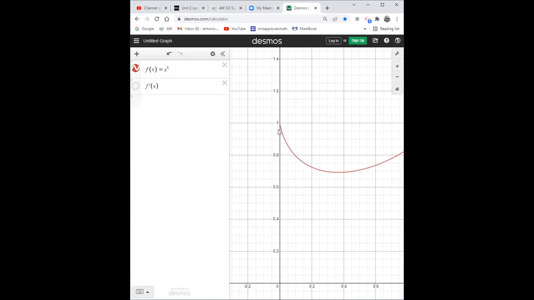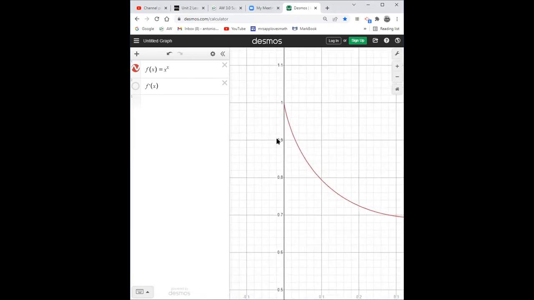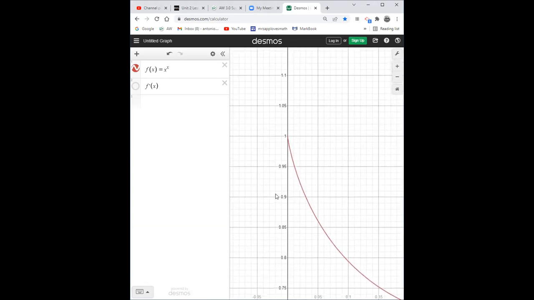But what's the question we have to ask ourselves as we're getting closer and closer to 0? Anybody have any ideas as to what might be happening? So clearly they're getting more and more negative. But if you look really, really close, do they keep getting more and more negative? Yeah, go ahead.